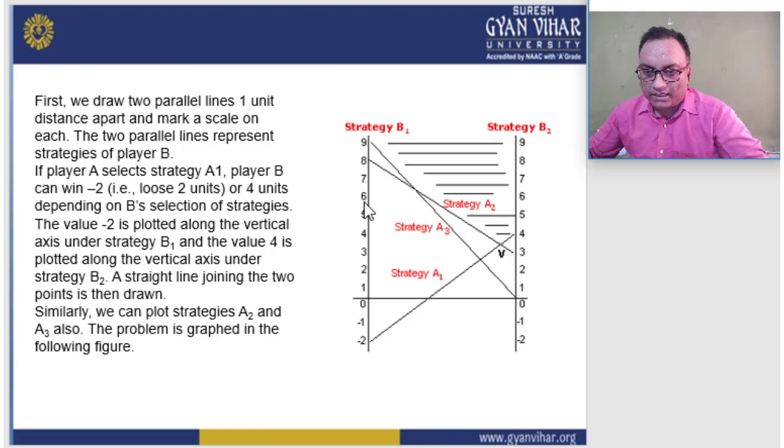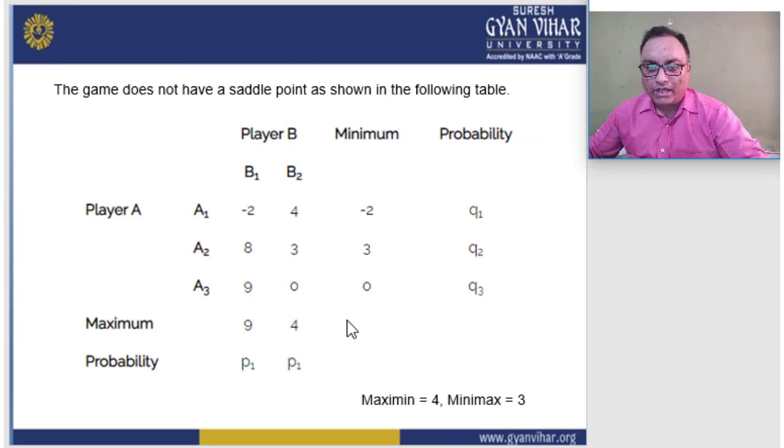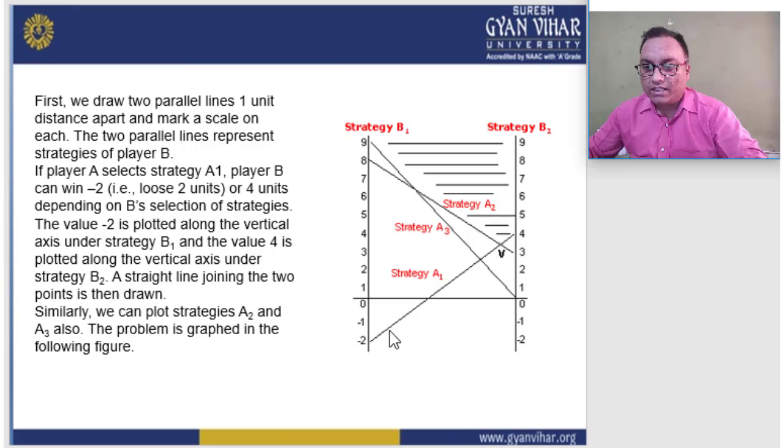On both strategies, we find the values. First we consider -2, 4. This is the line for A1, so we draw the -2, 4 line here.